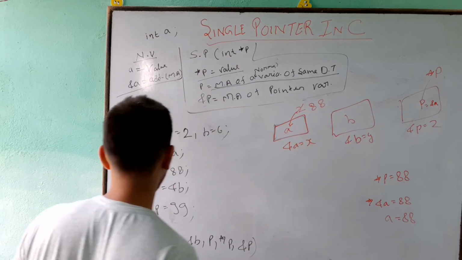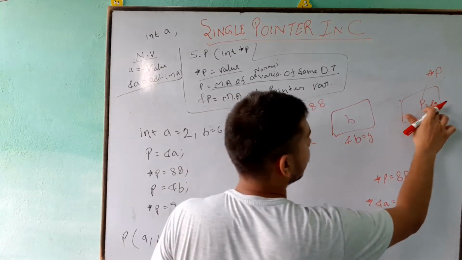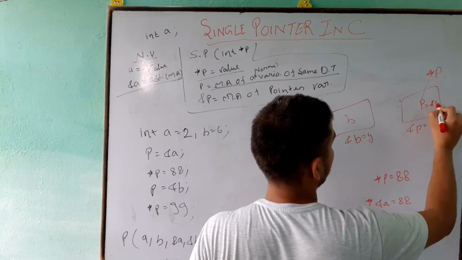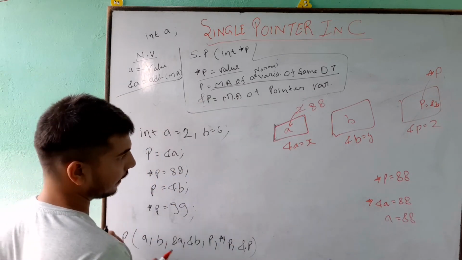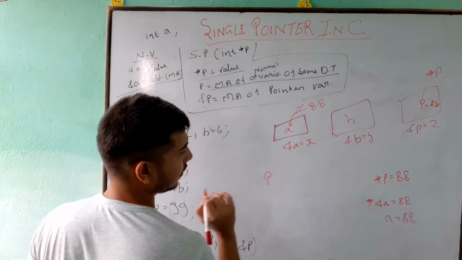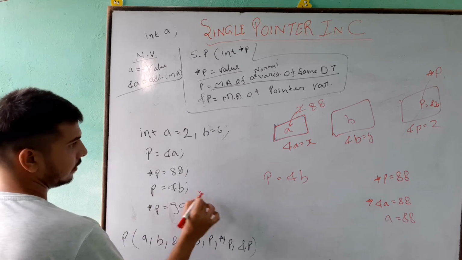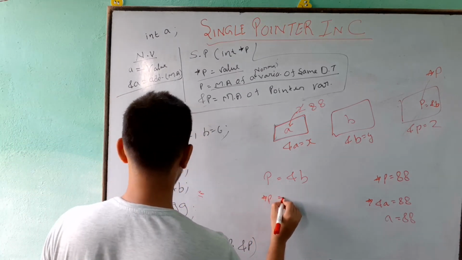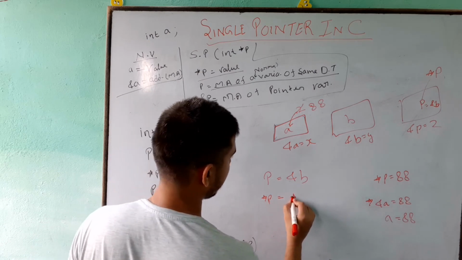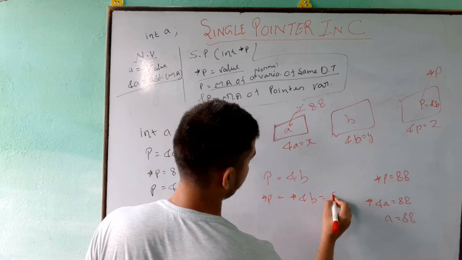Now a is 88. Now I am changing: I am saying p = &b, and now I am changing *p = 99. What does that mean? p was holding &b in this line, and now I am saying *p = 99. *p means *&b, and I am saying this equals 99.